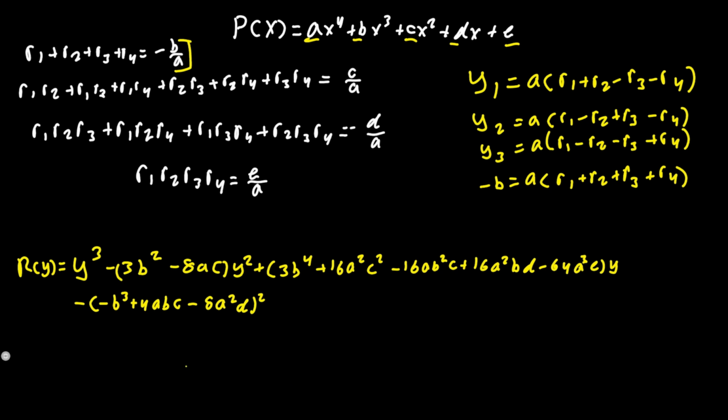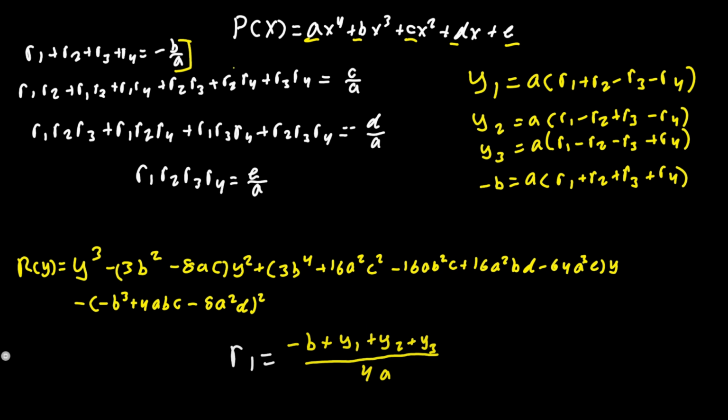And of course, as we already know, our solution for p of x is going to be r1 equal to minus b plus y1 plus y2 plus y3 over 4a.